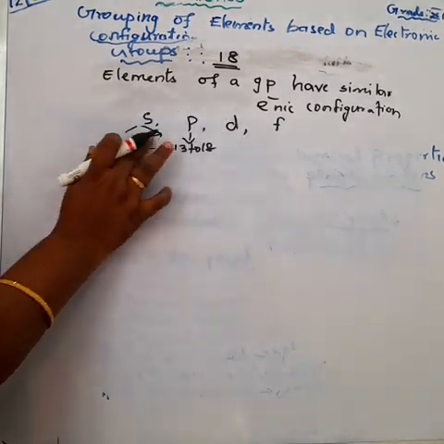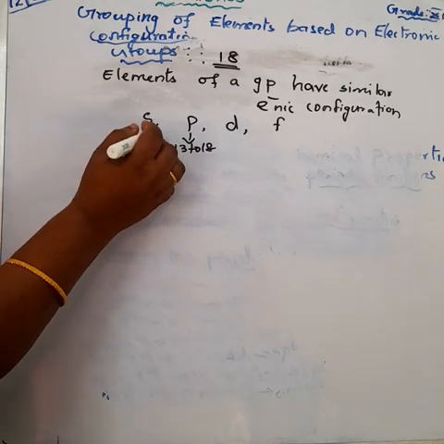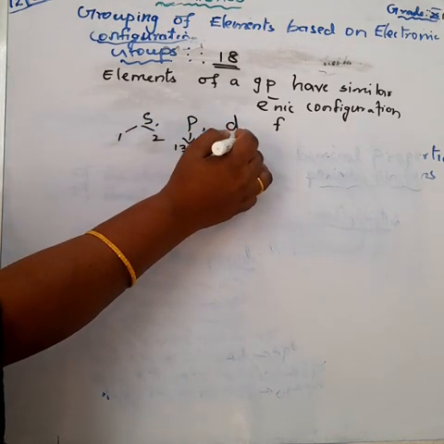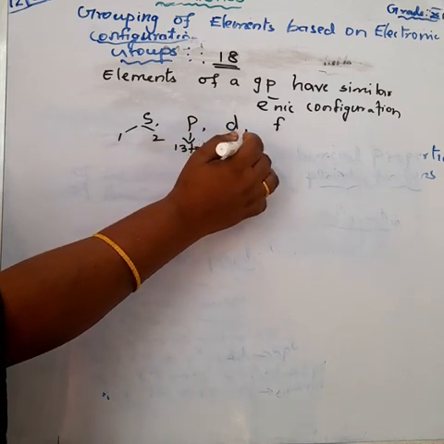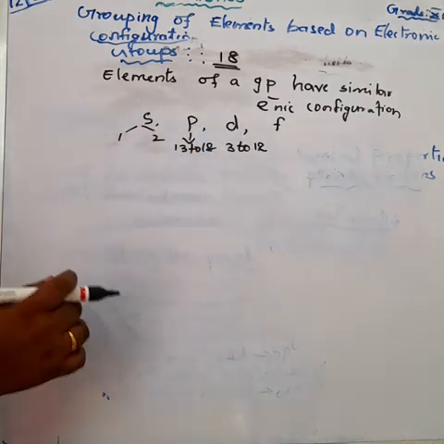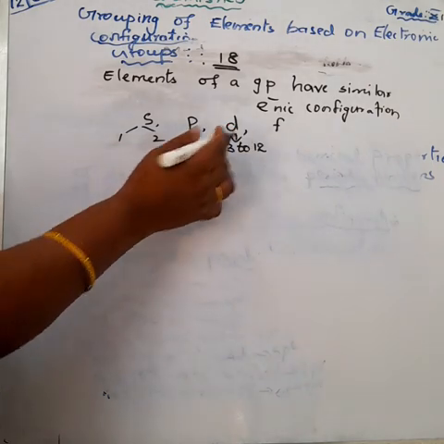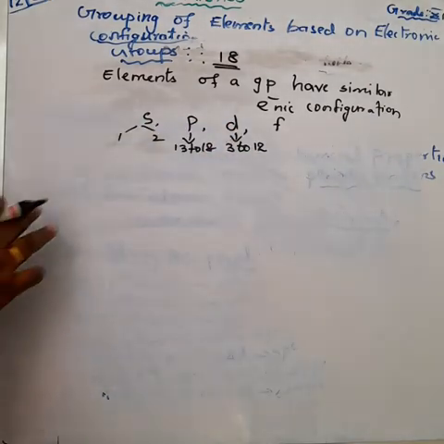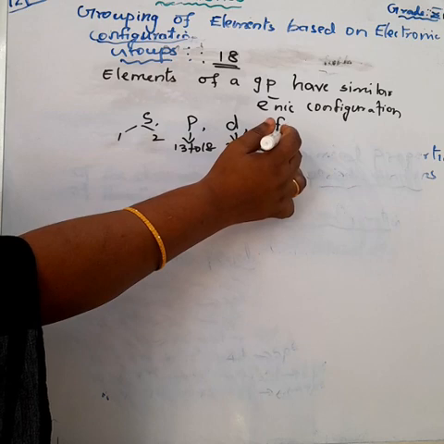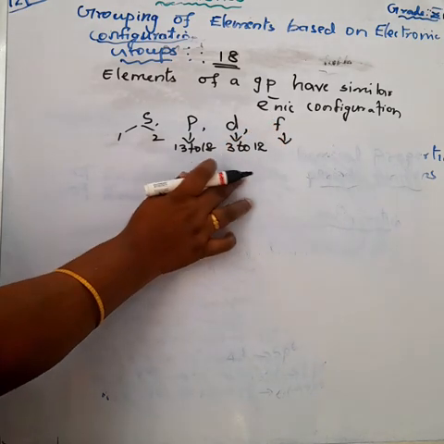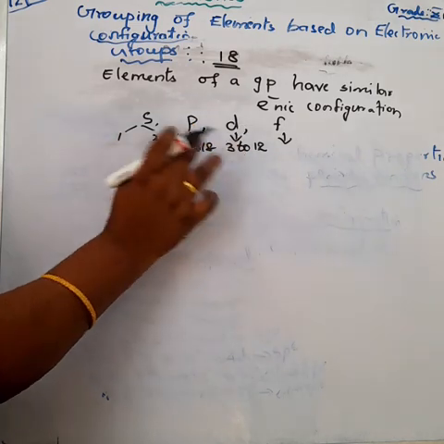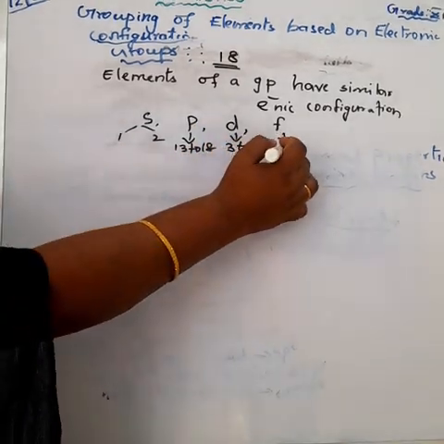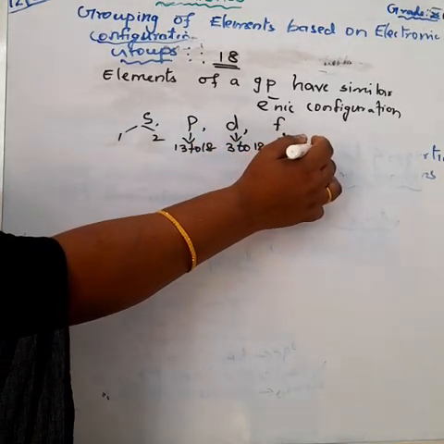Groups 3 to 12, in the middle after the S block, are the D block elements. And the F block elements are shown at the bottom of the periodic table, but that is not their correct position.